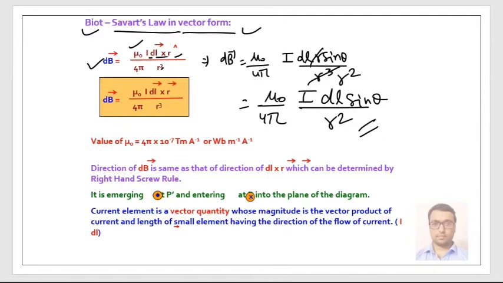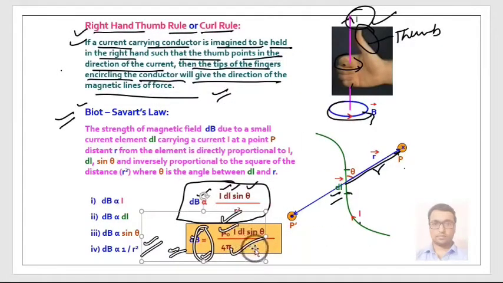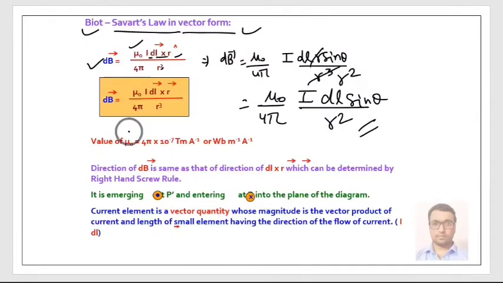So this was the formula given in the previous slide, that is mu naught upon 4 pi I dl sine theta upon r square. Here you have to remember that the value of mu naught is 4 pi into 10 raised to the power minus 7 Tesla meter per ampere.